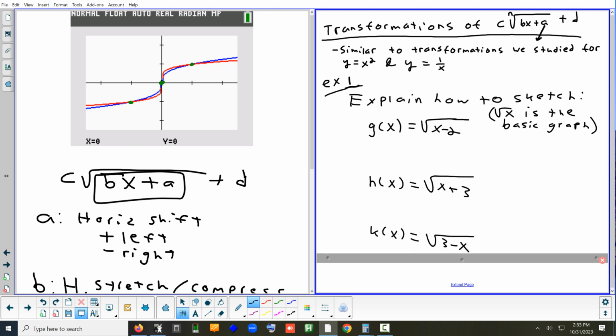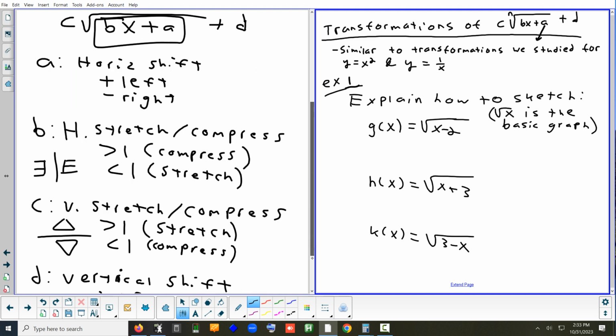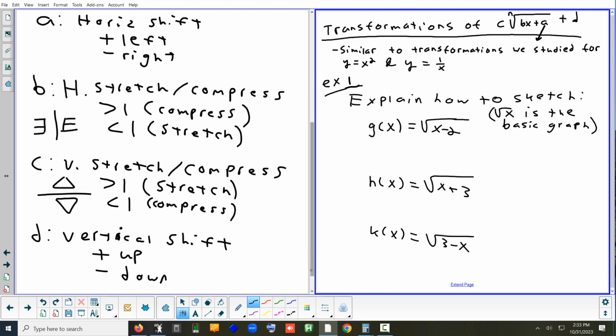All right, so we'll just finish up by explaining the transformations here. Most of them just have one, so they're pretty quick. That -2. Which letter is that up at the top there? A. That's A. And is it a positive or a negative?